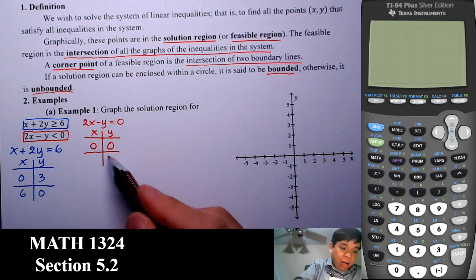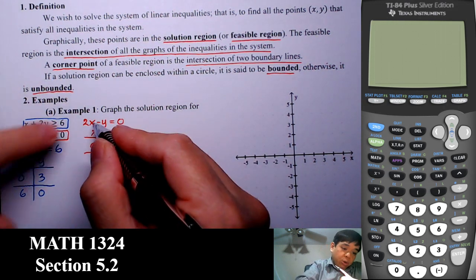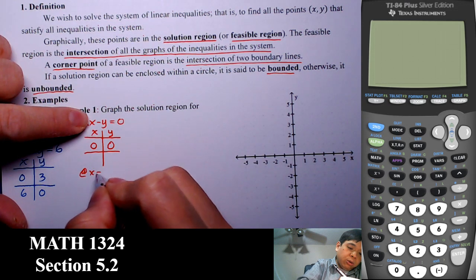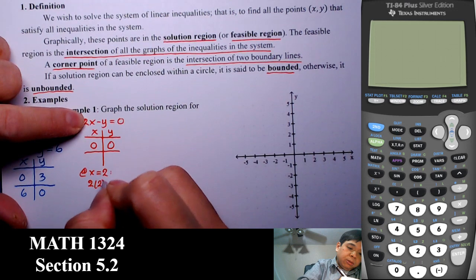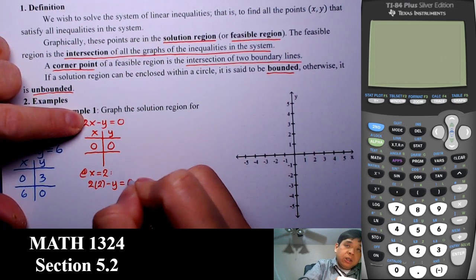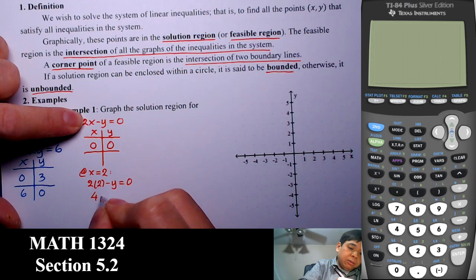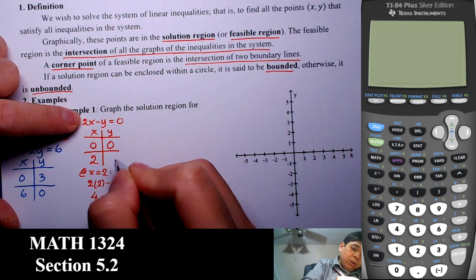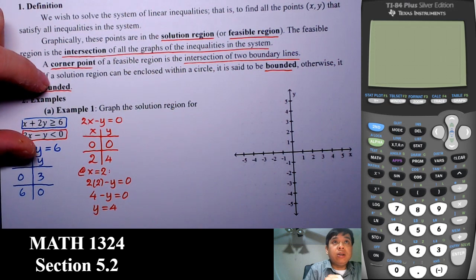So we have to choose something else for x. Let's say when x equals 2, 2 times 2 minus y equals 0, so 4 equals y. So x equals 2, y equals 4. Right, so we have the points. Now let's plot them.